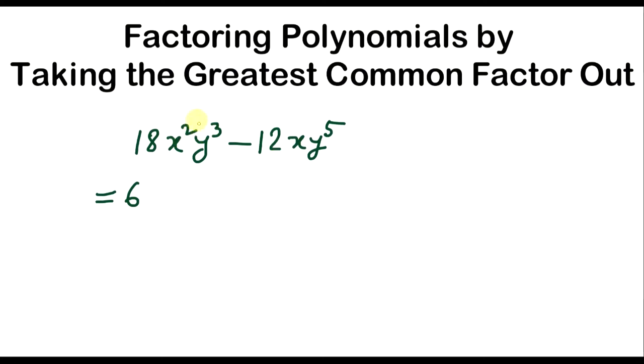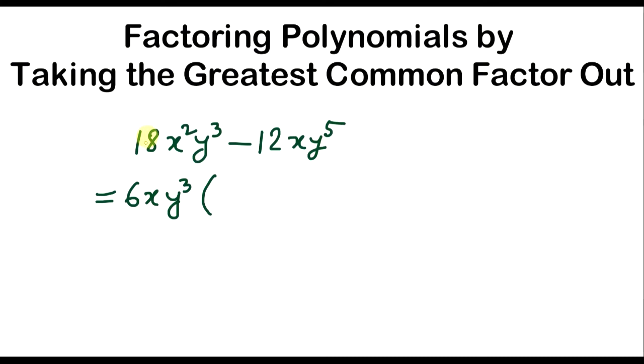The power of x is 2 and the power of x is 1 here. We will take the smallest power of x. So we will take x here. And we have y, y cubed and y to the power 5. We will take the smallest power. So we will take y cubed.